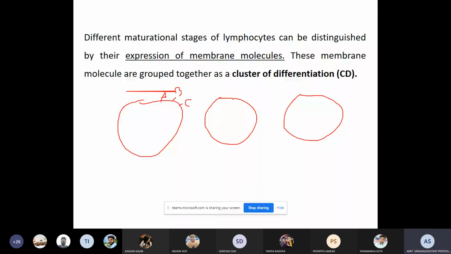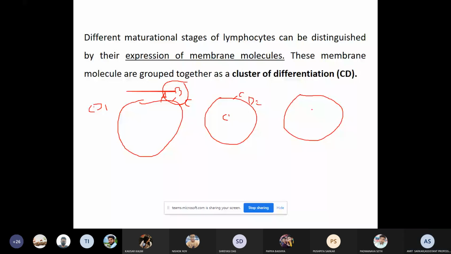And this one we have, say, C, D, and E. And here we have E, F, G, three different types of chemical components on the cell membrane. So all this together, we can say this is cluster of differentiation 1, or CD1. This is CD2, and this is CD3. So by seeing the presence of A, B, C, we can say that our cell contains CD1. So all CD1 type cells could be grouped together and called one particular type of cell.